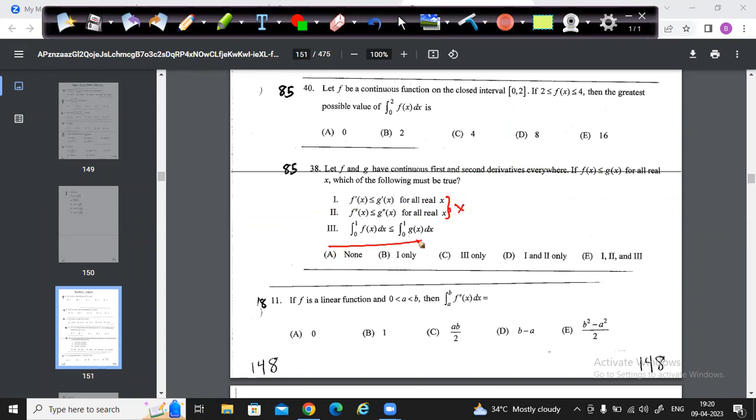Now, if I take the third one, as Alok says, f of x is less than or equal to g of x, means g of x is always greater than or equal to f of x. Or I can also write this as g of x minus f of x is greater than 0.